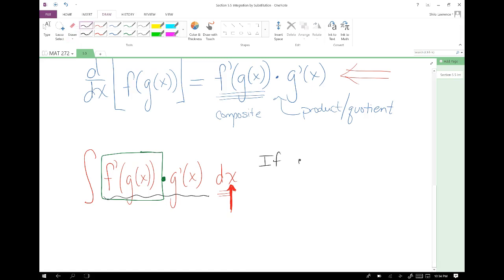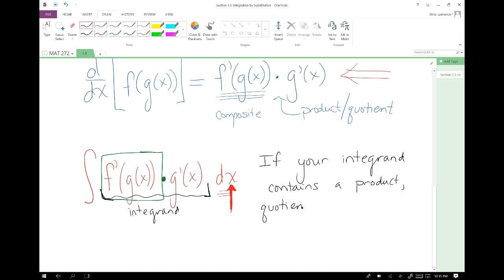So if your integrand, and the integrand is the function that we are integrating here, so this is our integrand, if your integrand contains a product, quotient, or composite, and you can't fix it with just some basic algebra, then you're going to have to use integration by substitution in order to find the antiderivative.